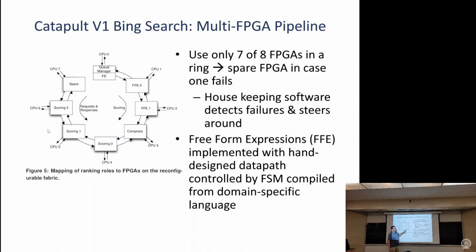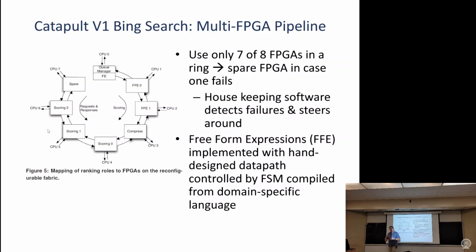They felt the most efficient way to do that would be to build specific hardware, like build hardware that did only those exact expressions, but it would take too long for at least their application developers. So they made a data path that was good at this, and they controlled it with a finite state machine. And the finite state machine, they didn't have to build by hand.